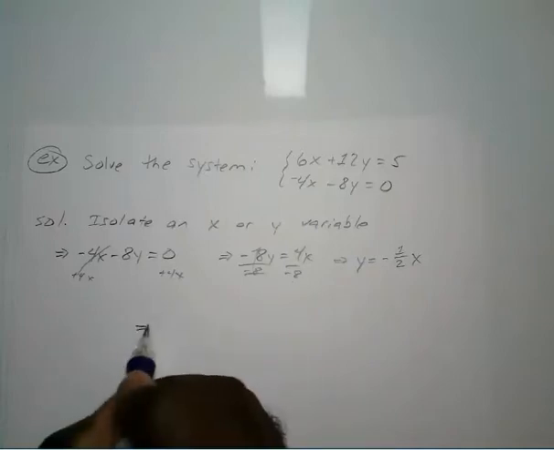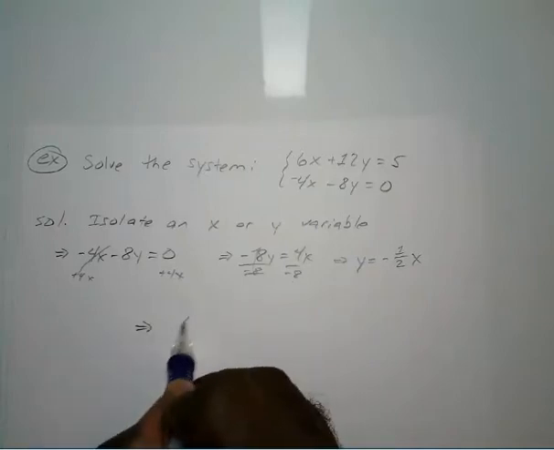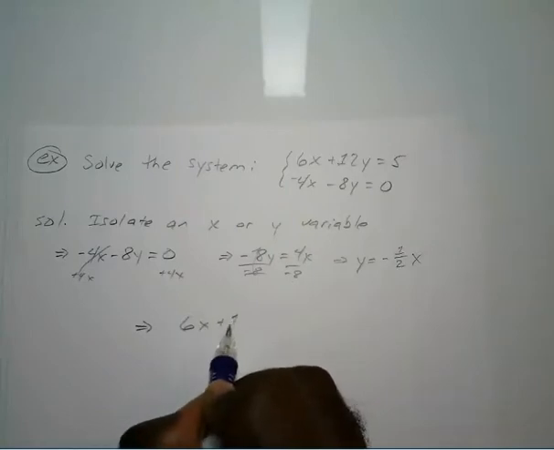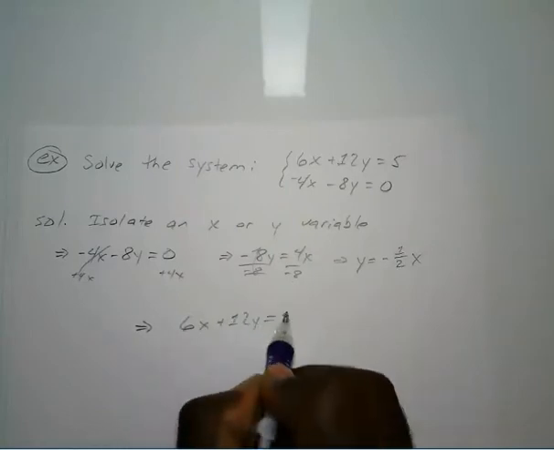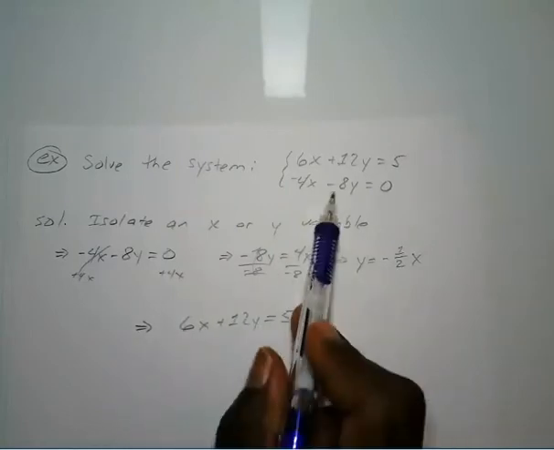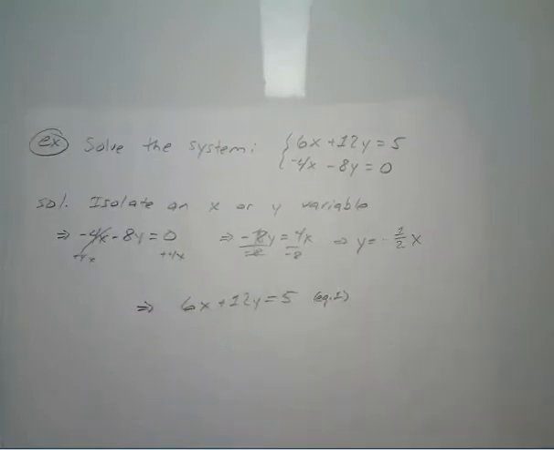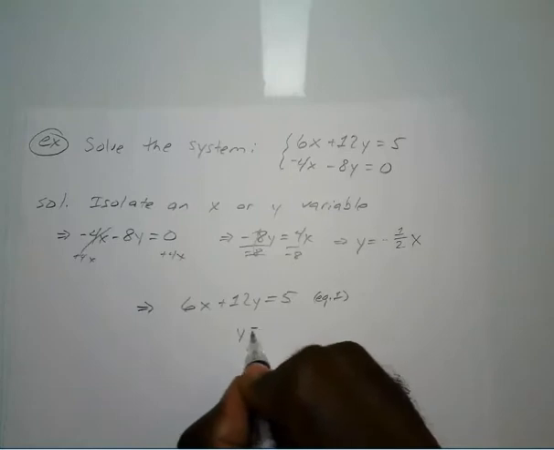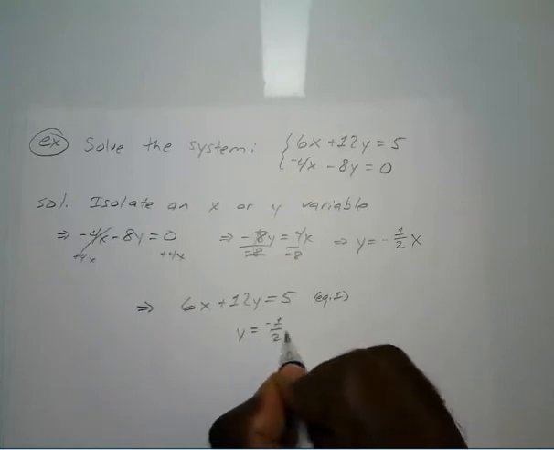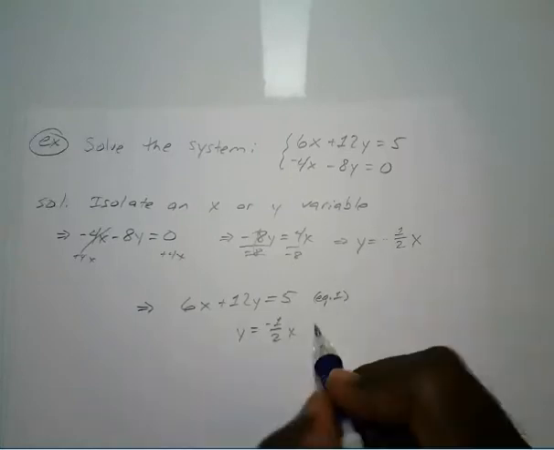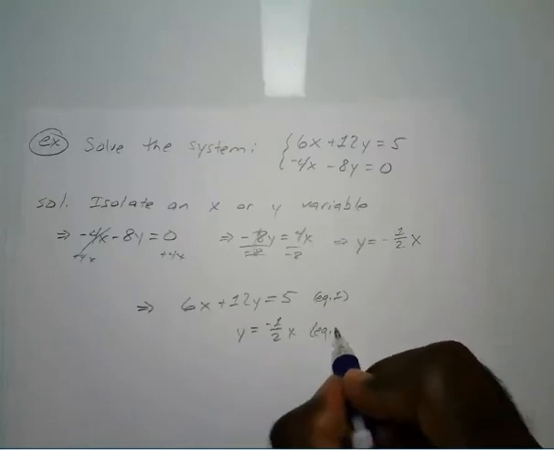Okay, so that means your 6x plus 12y equals 5, and that's your equation 1. And your y equals negative 1/2 x. That's your equation 2.